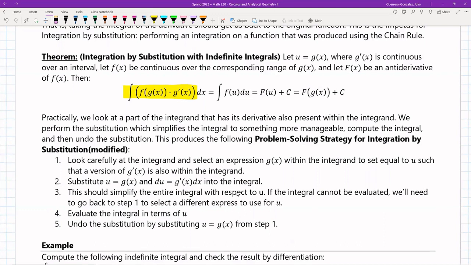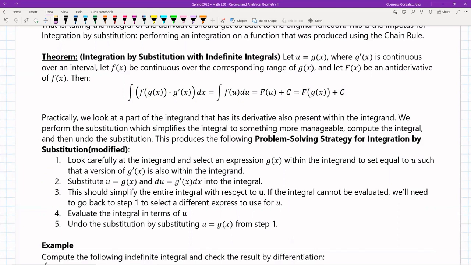The idea is you would let that g of x end up being that u, and then you take the antiderivative, the integral of the simplified version, and then at the very end, you undo the substitution. That is integration by substitution, at least for indefinite integrals. We'll get to the definite integrals down below.